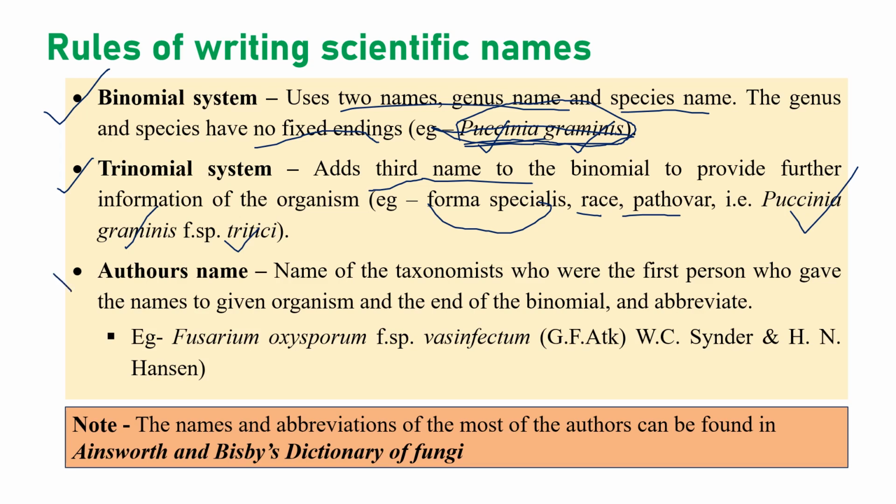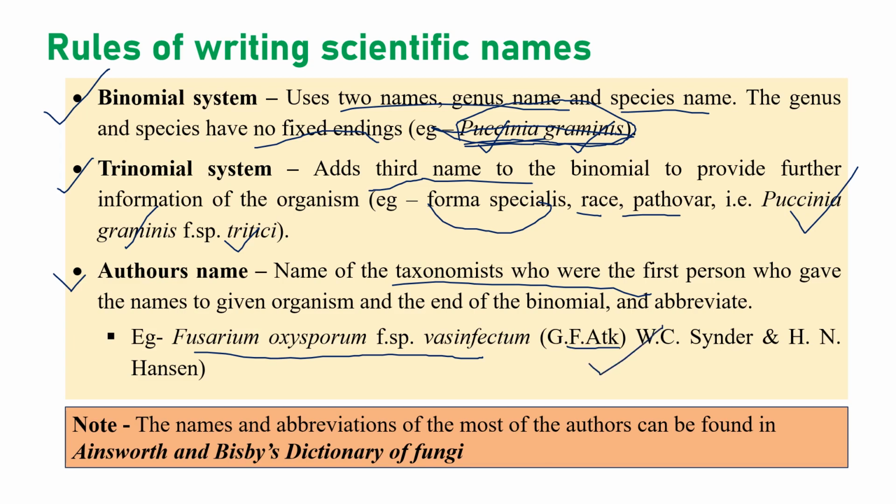And one more rule or system is there. At the end we add the author names, for example, the name of the taxonomist who first identified or discovered it. We give an abbreviation of the scientist's name. For example, we can take Fusarium oxysporum forma specialis vasinfectum, with the authors GF Atkinson abbreviated, W.C. Snyder and H.N. Hansen.